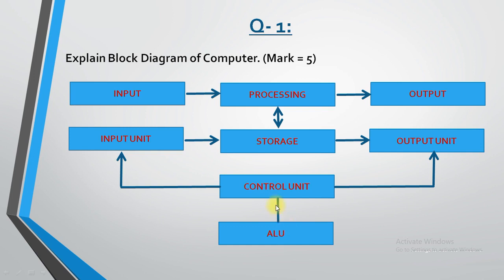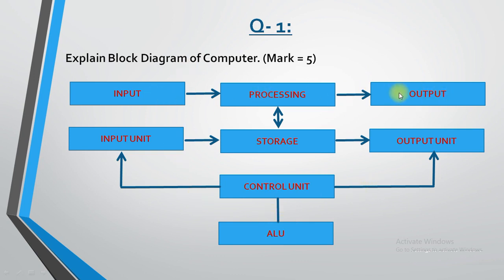And over here, control unit and ALU are connected with one line. What does that line mean? It means that both are parallel and both are part of the CPU. So this is called the block diagram of computer, right?